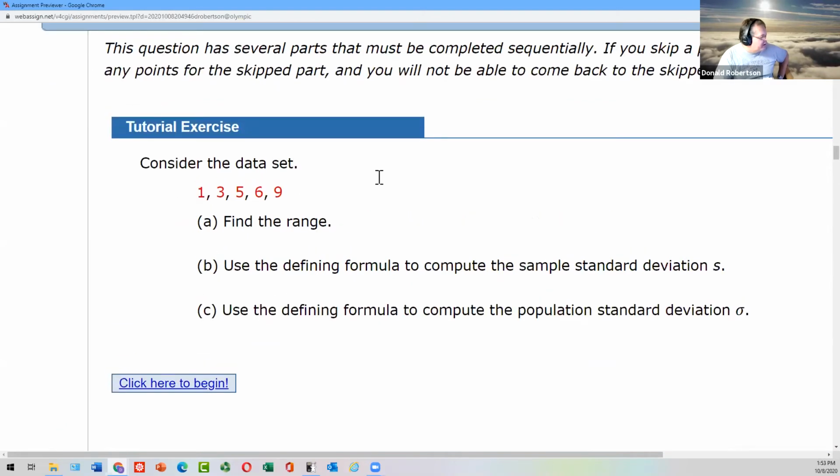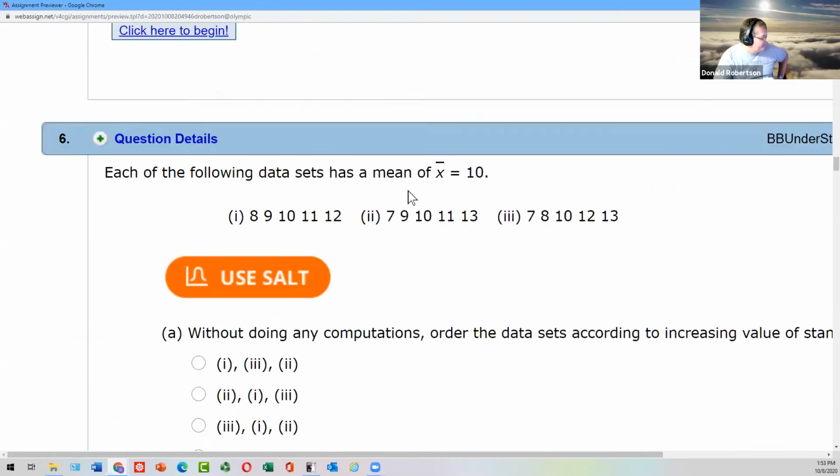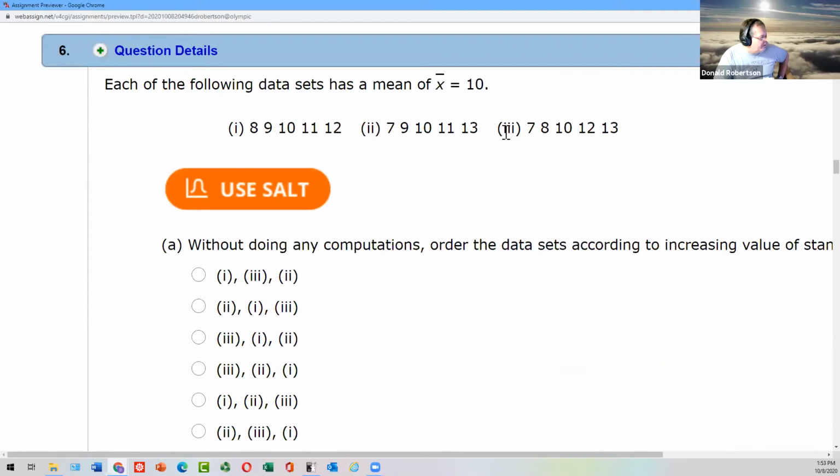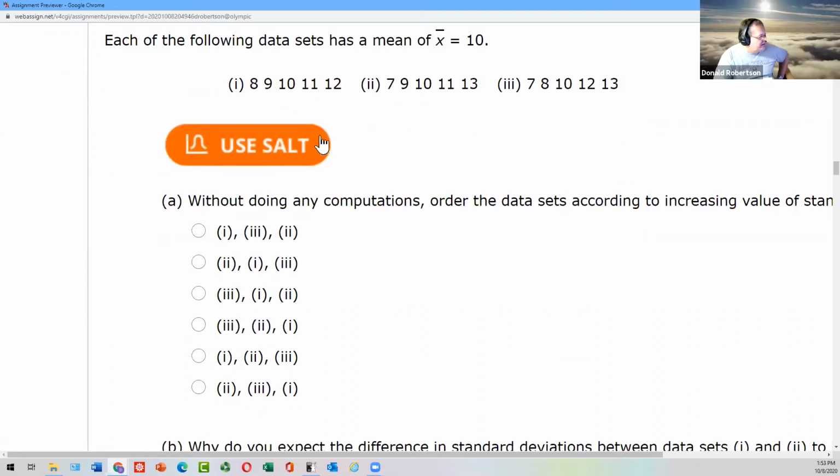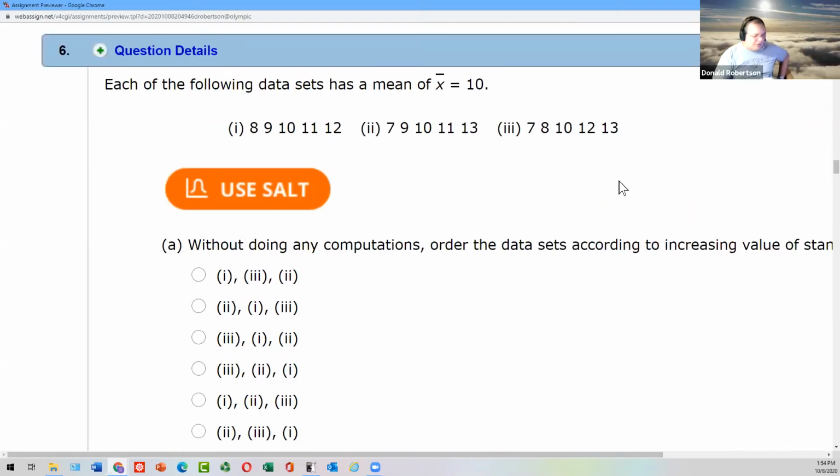Here are the same basic questions again. The good news about this set of data is that you could use the calculator. But let's see if we can figure out how to answer this question just by intuition, just by looking at the 3 data sets. Data set 1 is 8 to 12. Data set 2 is 7 to 13.